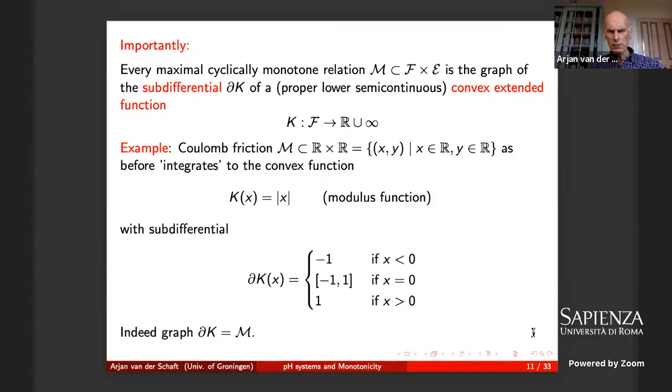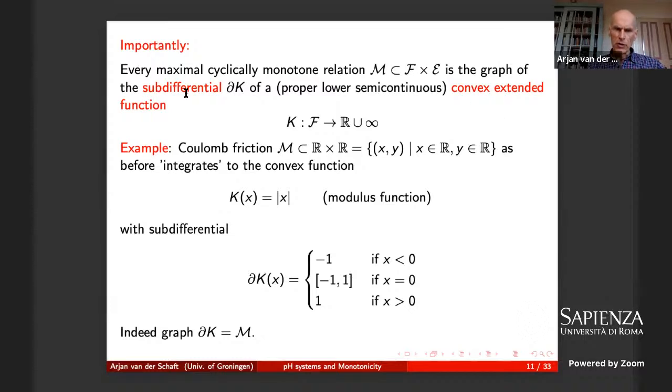So any maximal cyclically monotone relation is being given as the graph of the subdifferential, which we denote like this, of a convex function, which can also take values plus infinity. So we call that an extended function.